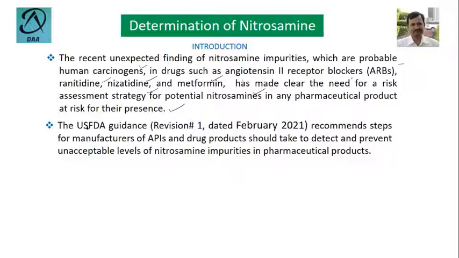The US FDA guidance revision 1, dated February 2021, recommends steps that manufacturers of APIs and drug products should take to detect and prevent unacceptable levels of nitrosamine impurities in pharmaceutical products.